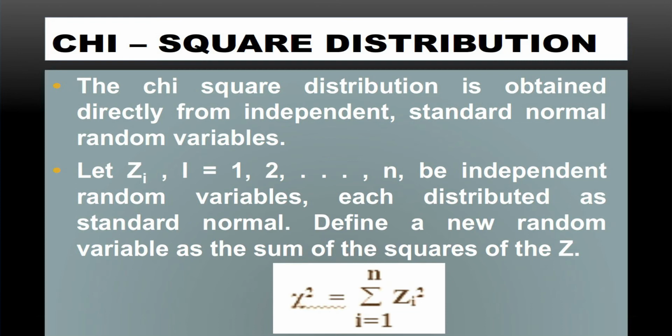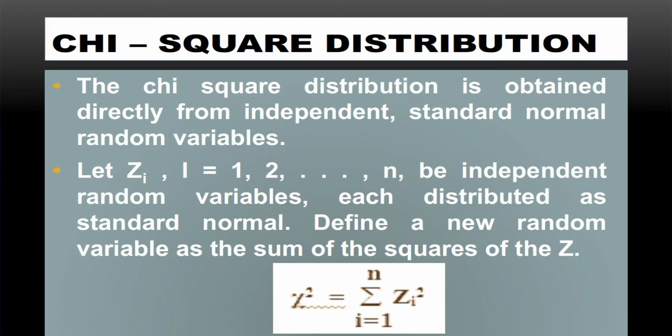The chi-square distribution is obtained directly from independent standard normal variables. Let zi, where i varies from 1 to n, be independent random variables, each distributed as standard normal. Define a new random variable as the sum of the squares of the z.